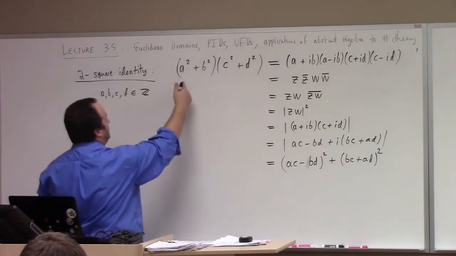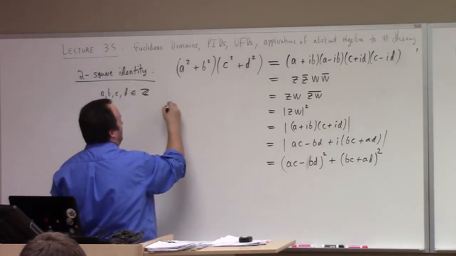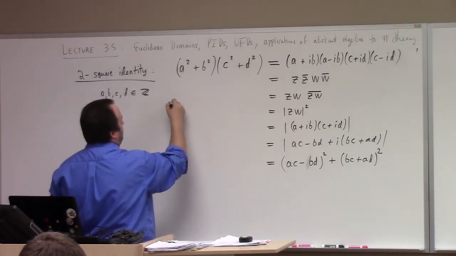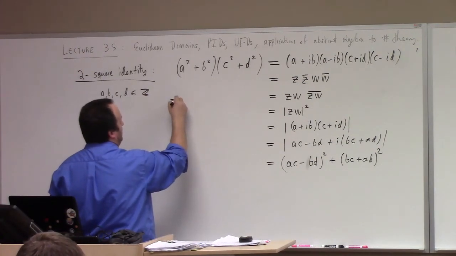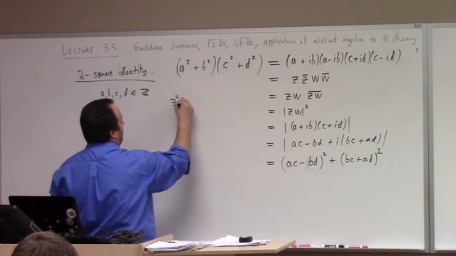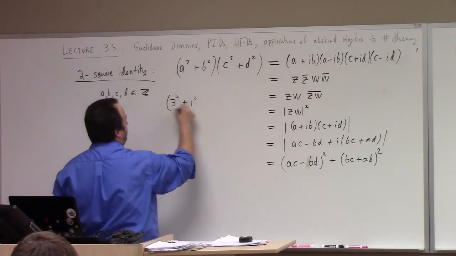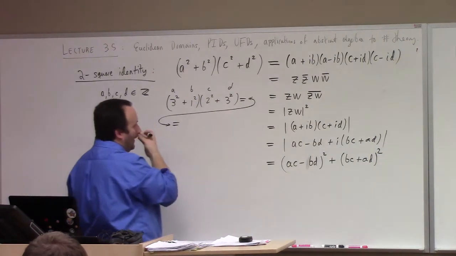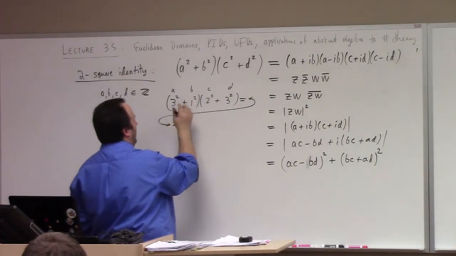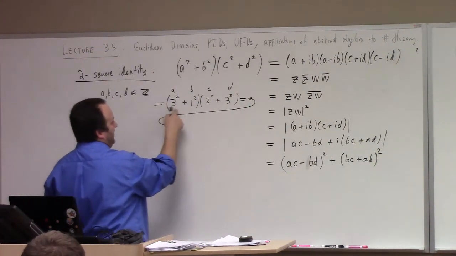What if we did something like, let's just see what it says. If we do 3 squared plus 1 squared times 2 squared plus 1 squared, so this is what? This is 10 times what?